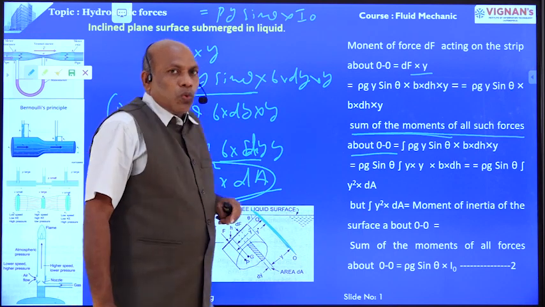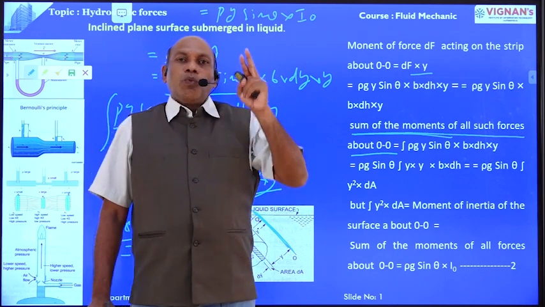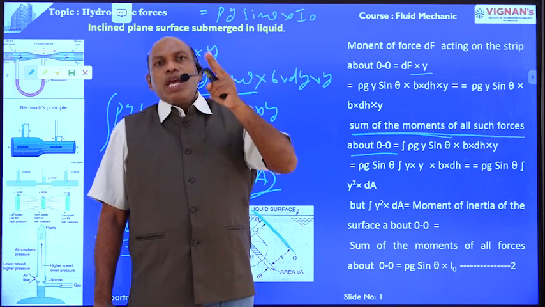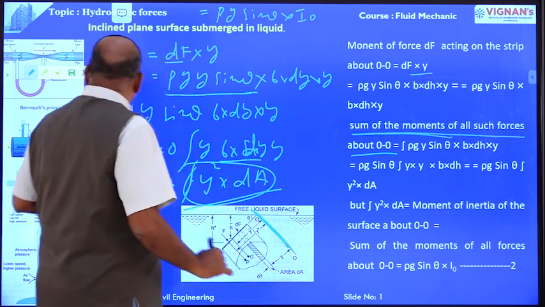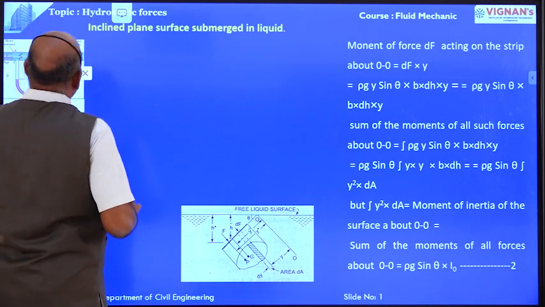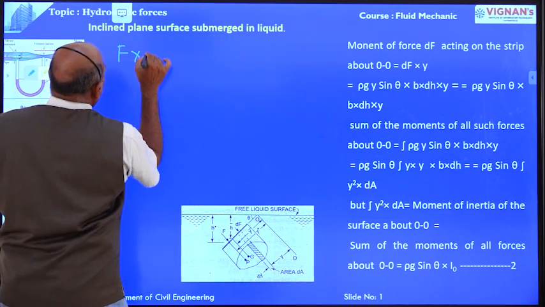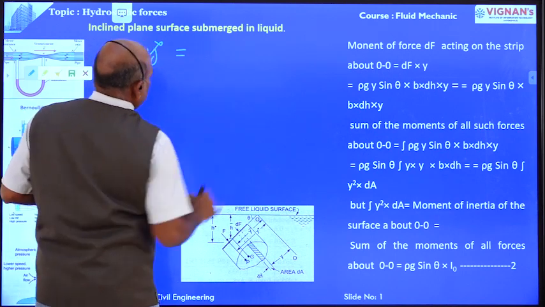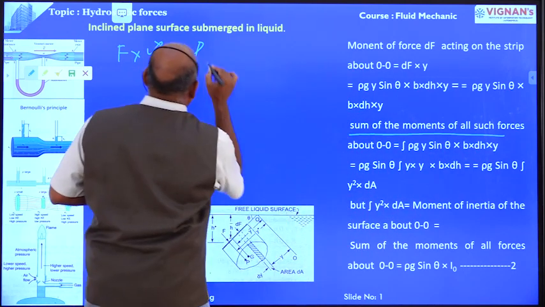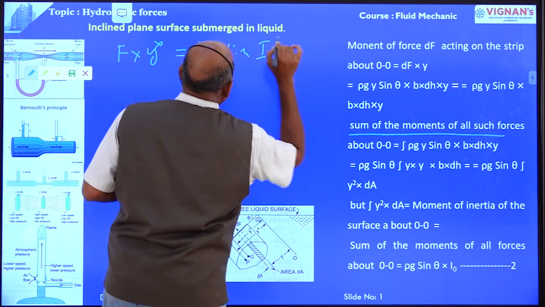Now, as per the principle of moments, the moment of the resultant force must be equal to the sum of the moments of the components. Equating these two, the moment of the resultant force about the axis OO, F into y star, is equal to the sum of the moments of all such forces, rho g sin theta into I0.